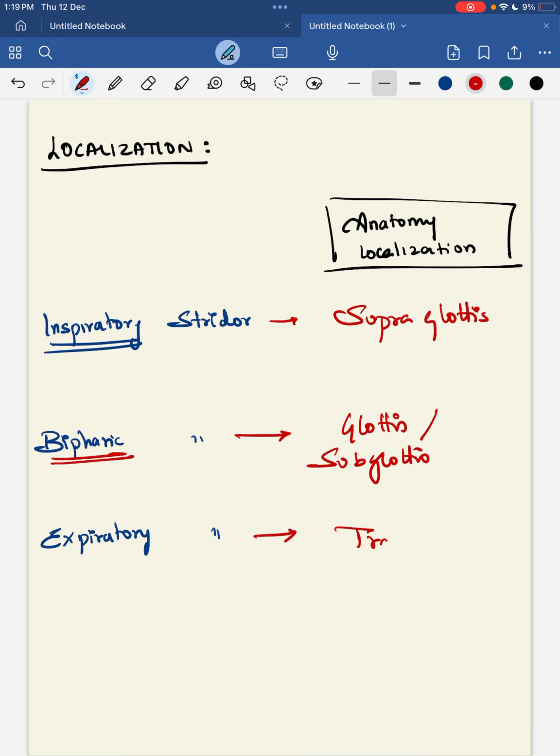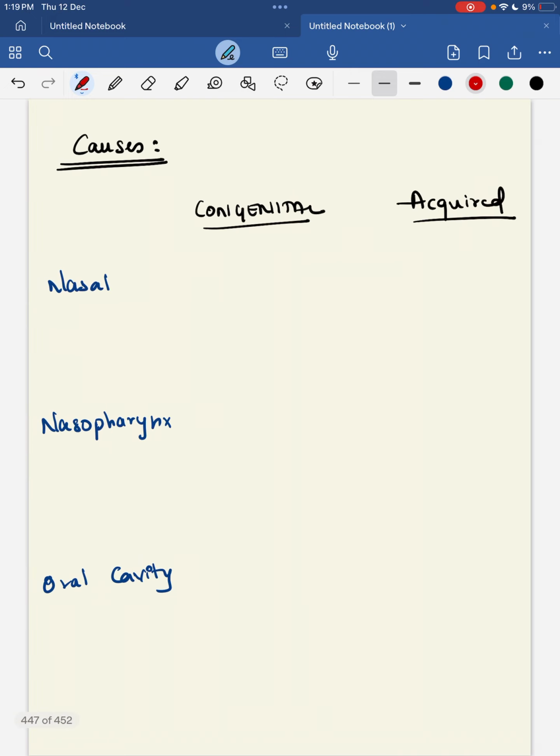Right? Next, the causes for stridor. It can be either congenital or acquired. The causes start from the nasal region. The congenital cause in the nasal region in a child is choanal atresia, while in acquired it can be a nasal polyp.